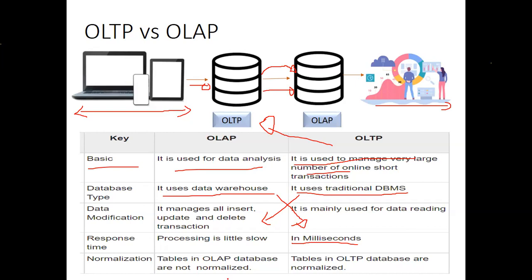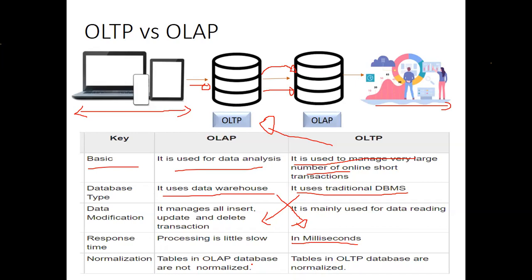In OLTP, the goal is how better I can perform the transaction and manage the consistency of the data. That is the reason OLTP data is normalized and OLAP data is denormalized, so retrieval from a denormalized database is very quick.